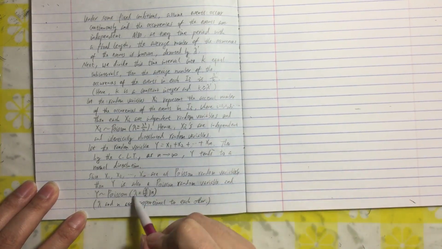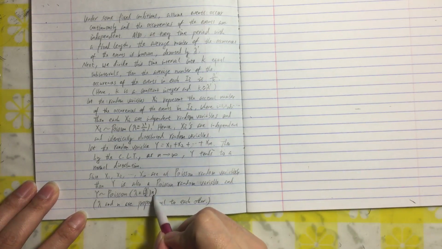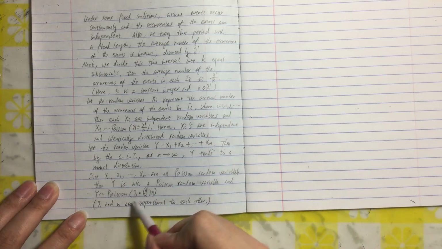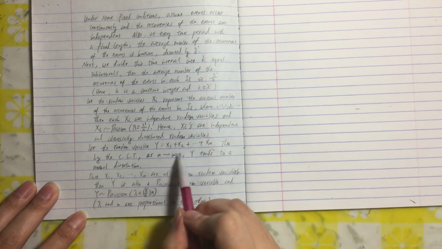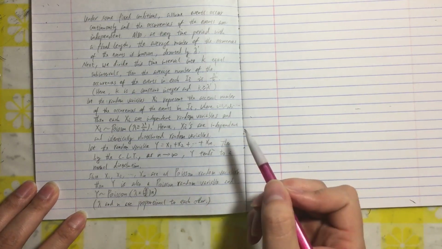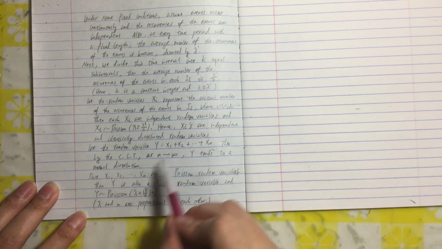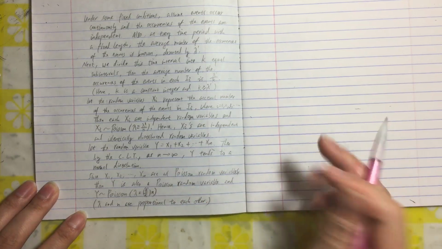Which means the larger lambda, the larger n, and the larger n, the larger lambda. As n approaches infinity, lambda approaches infinity. And as lambda approaches infinity, n approaches infinity.